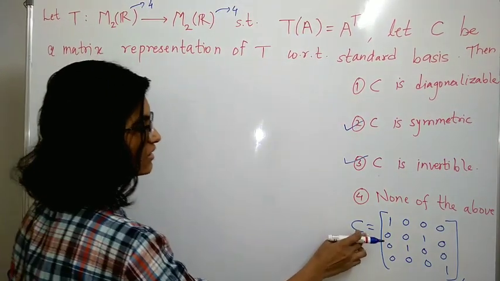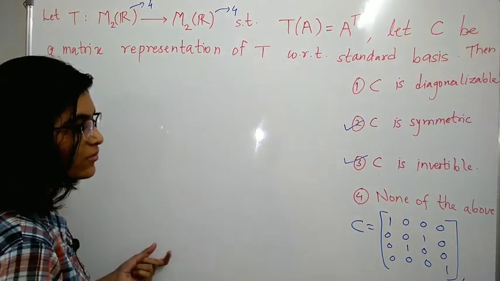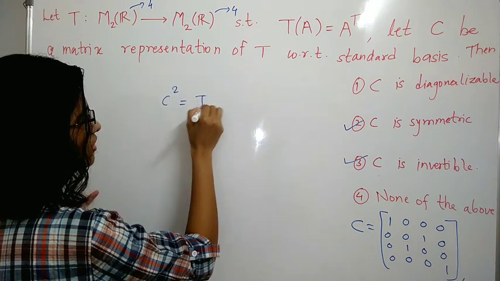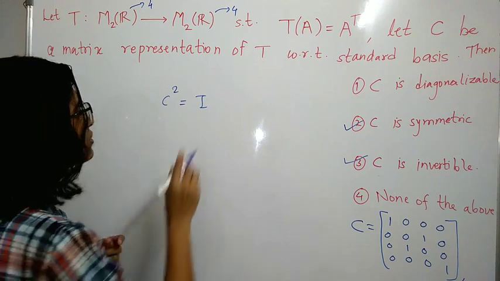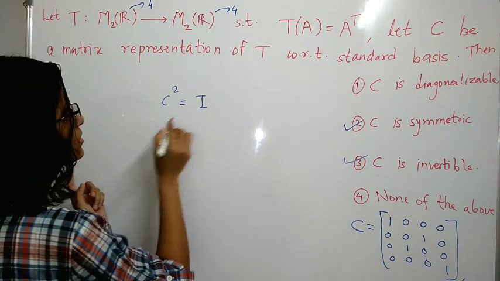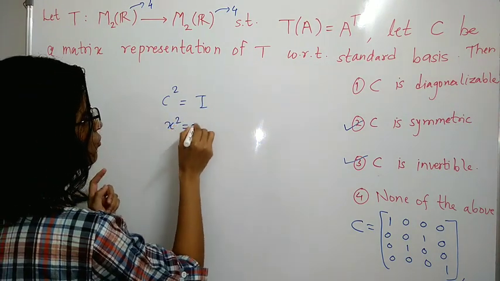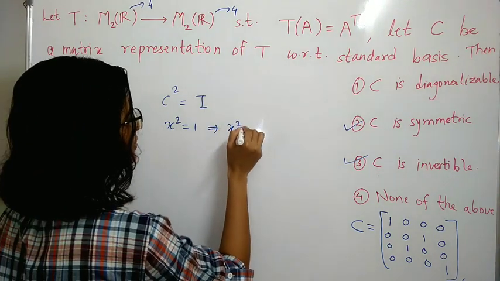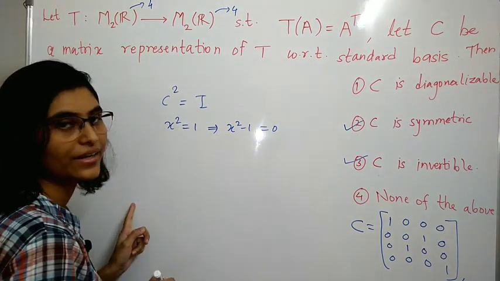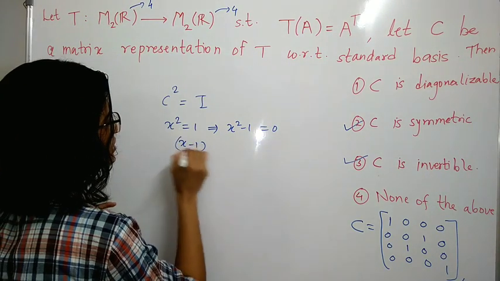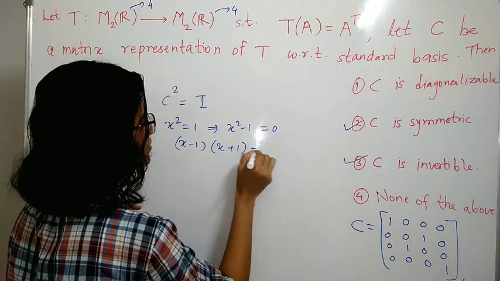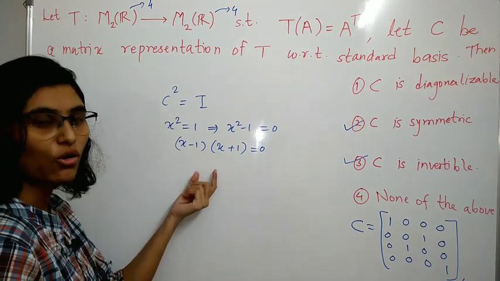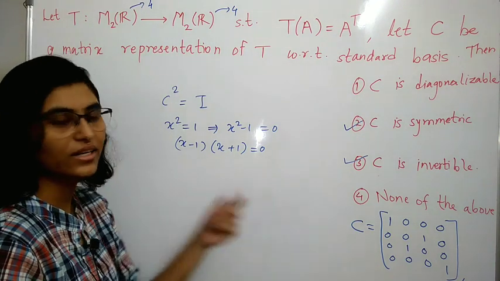C is clearly diagonalizable because we can check that C squared is equal to the identity matrix. So C satisfies the polynomial x squared = 1, that means x squared minus 1 is 0, so (x minus 1)(x plus 1) is 0.